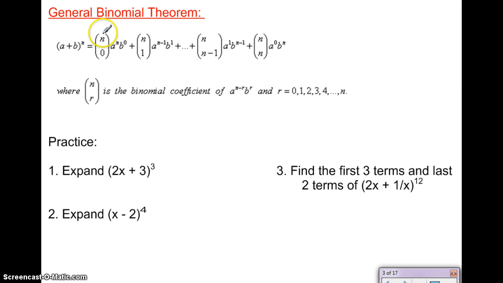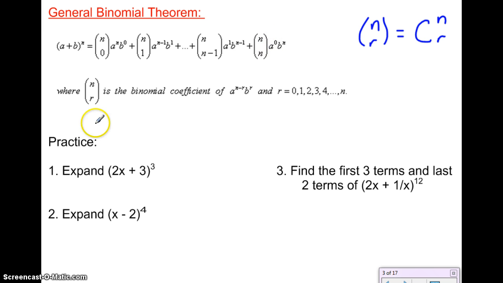And all this is saying is that when you see this n in the parentheses, and then the r is whatever you're choosing, that is the same as when you see the combination n choose r. Okay? So again, n is whatever exponent we're starting with, whatever the degree is. A always starts with that exponent. B always starts with 0. And then our coefficient will change as we go. And eventually at the end, our a will now have an exponent of 0. It'll go all the way down, and b will have the exponent of n.